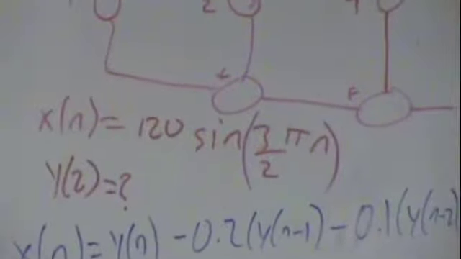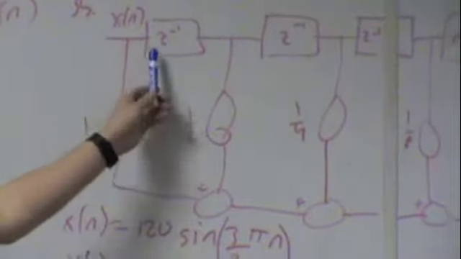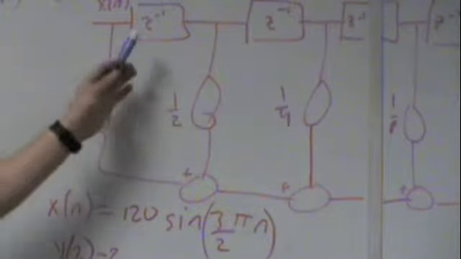At y of 2, we want to know what the output is at sample number 2. An easy way to do this is to just go through it. Something important to know is what happens at the z of -1 block.